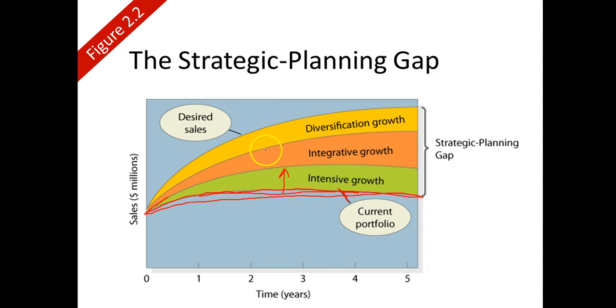And if we can reach out to other dimensions and try to integrate other opportunities, which are not exactly in our current domain or in our current divisions where we are doing business, then we can achieve this growth. But if we go completely liberal and try to take any opportunity that gives us the chance to grow, then we go for this diversification growth.